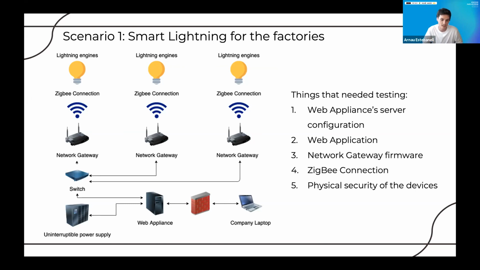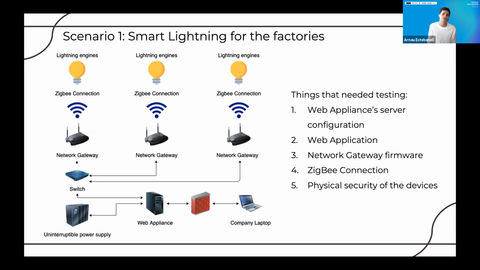The architecture that the company providing this service was using is they had an on-site web appliance, which was a Linux server. Then they would connect directly to our internal network switch. They would place their network gateways there, and each network gateway would communicate with 20 to 50 lighting panels. So we had several network gateways.